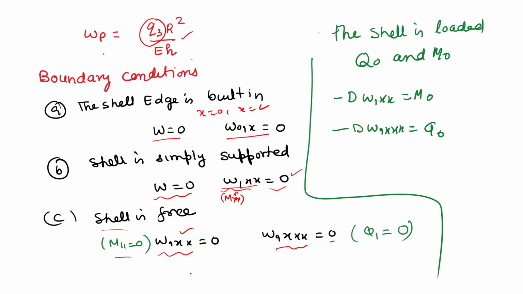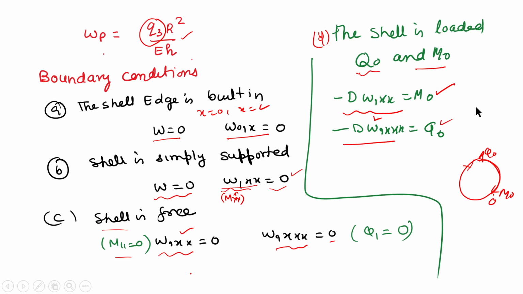Then the next case, I would like to say, is when the shell is loaded with Q naught and M naught, because at the edges there is some shear force and moment M naught applied. For that case, the moment Mxx equals the applied moment and the shear force equals the applied shear force. In this way we can solve the problems.